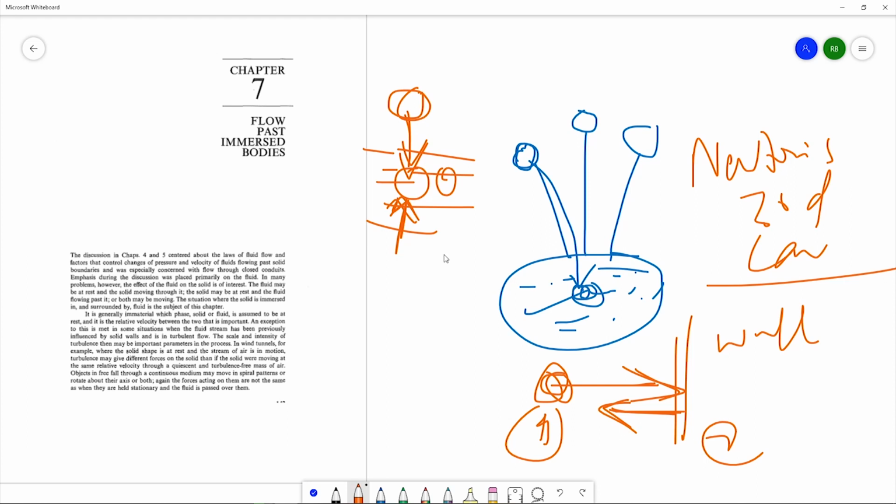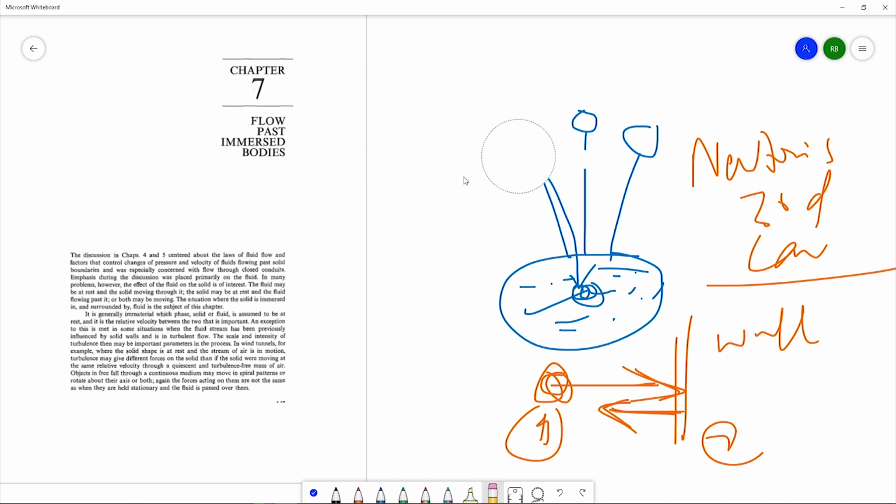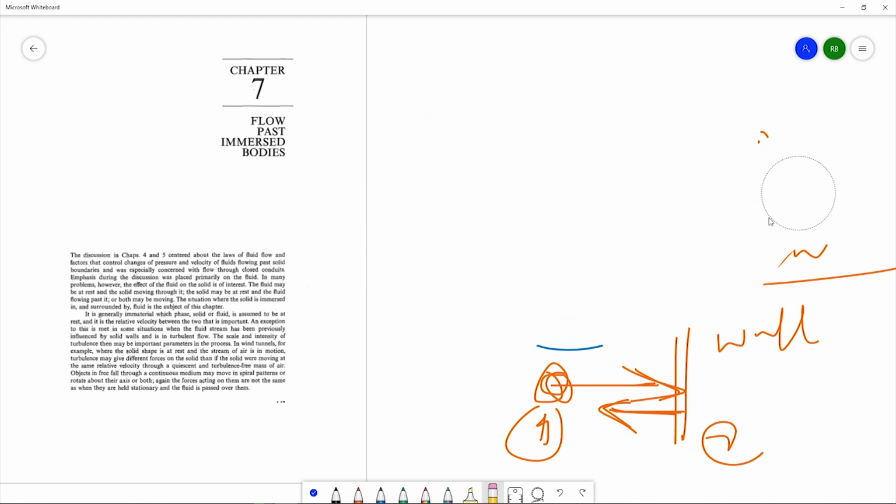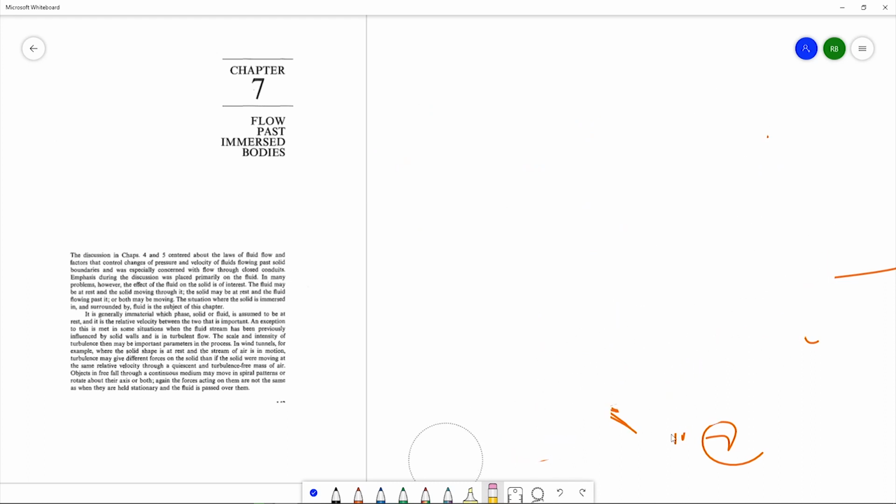This comes into play while studying the movement of solid particles through a fluid. Okay, so now we're going to study that only.